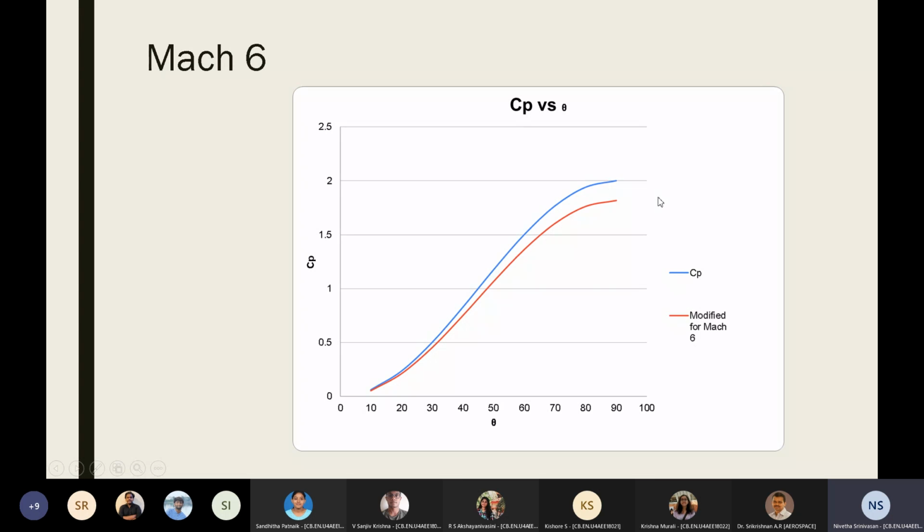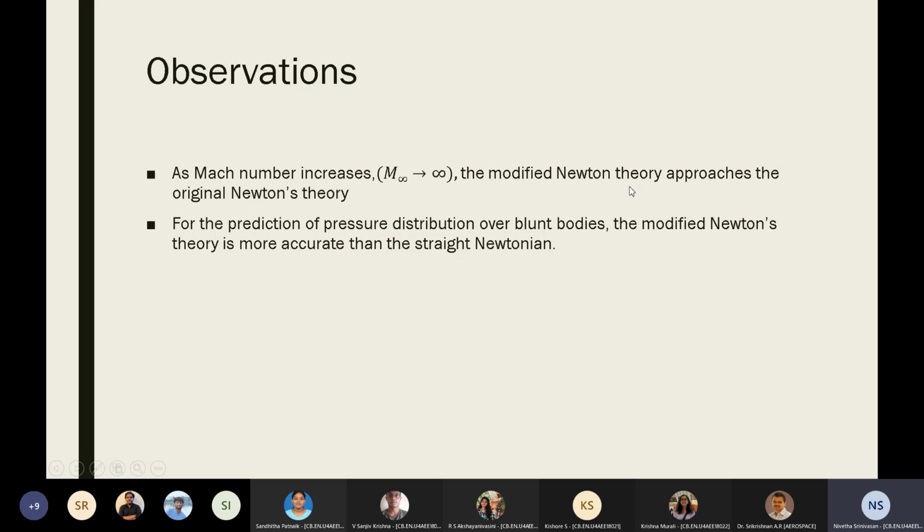This is the comparison graph, and this is for Mach 24. As Mach 24 is substantially higher than Mach 6, the graph here is much closer to the original Newtonian curve. One observation is that as the Mach number increases, the modified Newtonian method becomes more accurate and gets closer to the original Newtonian method. These are our observations.